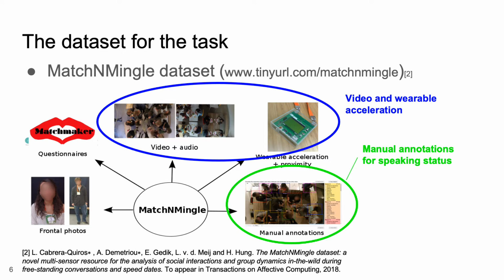And we only use the video recordings and the wearable acceleration recordings from accelerometers, like the one you can see in the picture, that people wore on their chest, strapped around their neck. And then there were also manual annotations done for many things, among them speaking status, and we also use those.